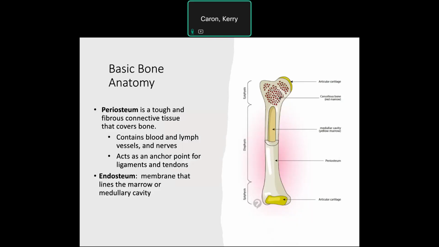Endo, meaning inside, is the inside membrane, and that lines the medullary cavity, where the yellow marrow is contained. So inside that diaphysis, that long part of the bone, yellow marrow is, and the endosteum is kind of the membrane around that. The peri around the whole thing is the tough layer around the whole bone.